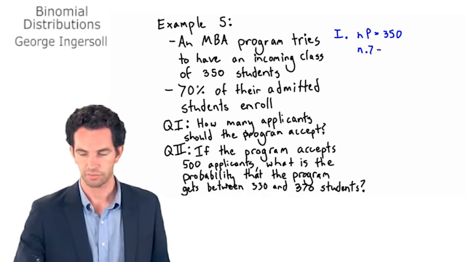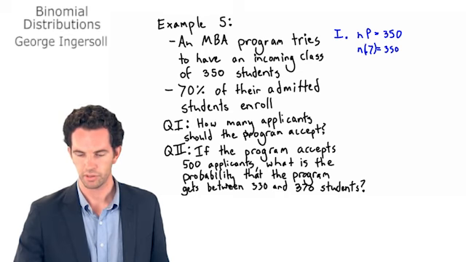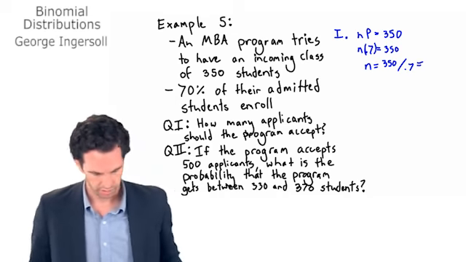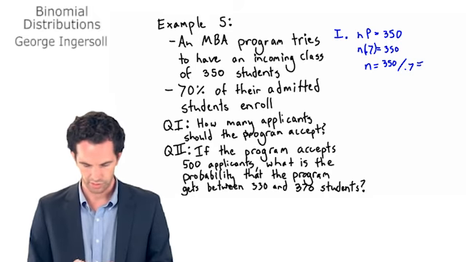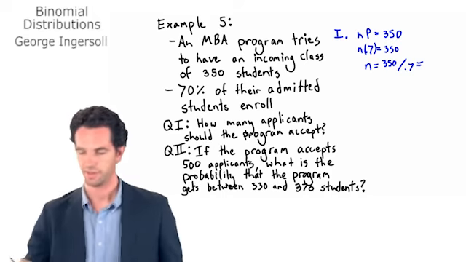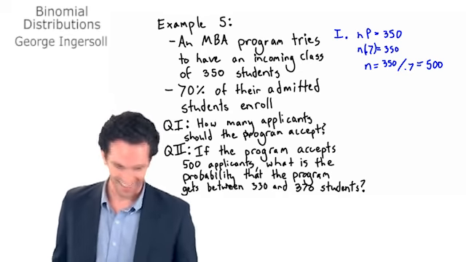So n times 0.7 equals 350. So n is going to be equal to 350 divided by 0.7, and 350 divided by 0.7 is 500. That works out nicely. All right.